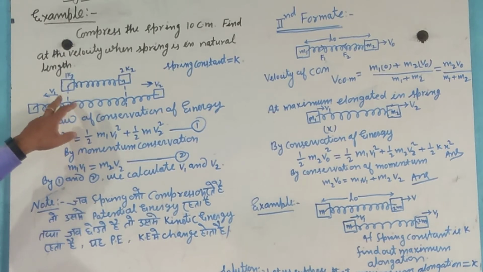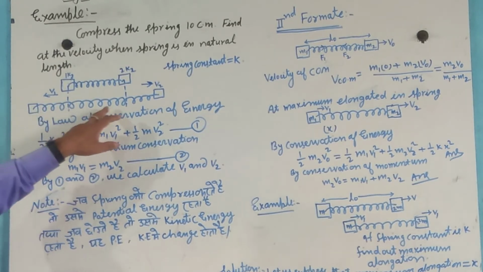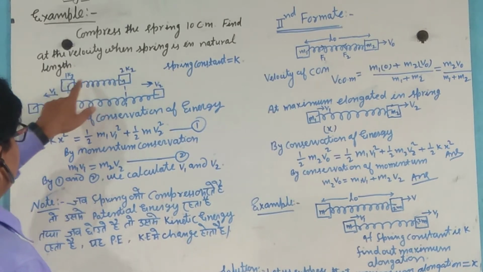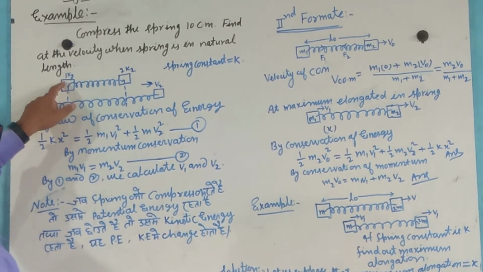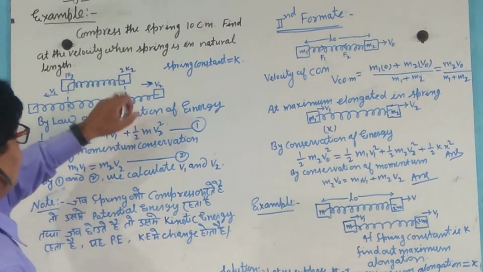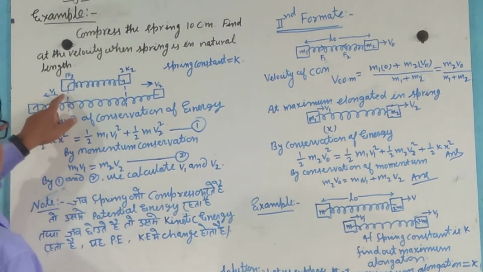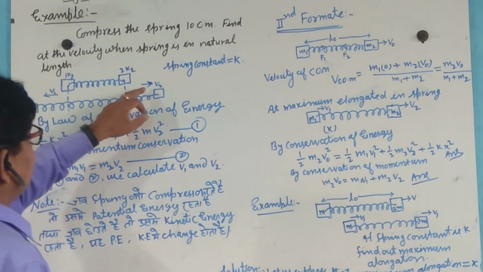Now here this is the spring. The mass of this block is 1 kg and here 2 kg. We release it with the velocity of this being v1, this being v2.